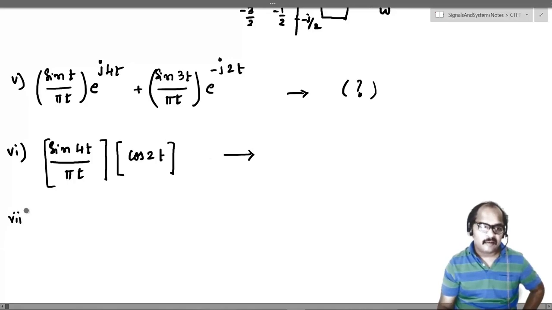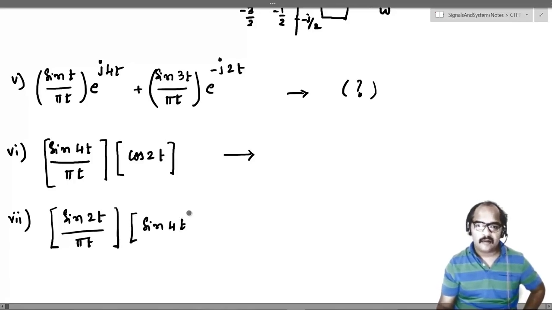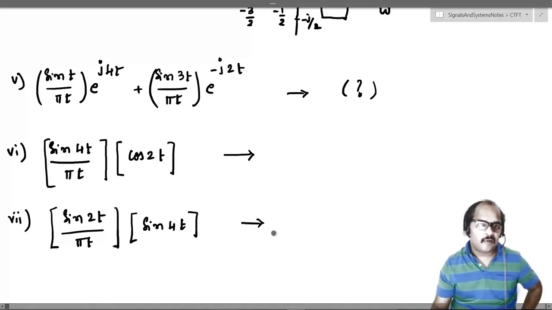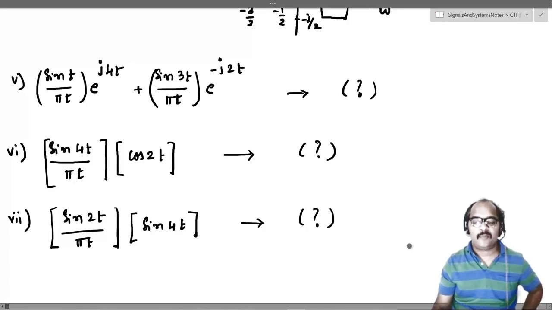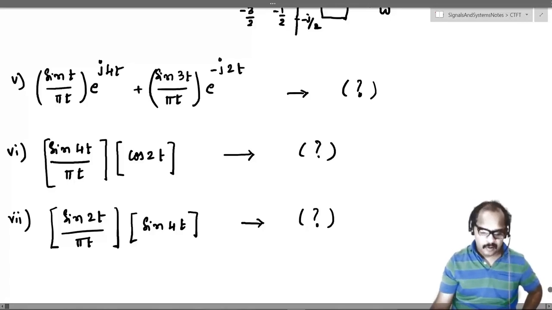Similarly, the seventh one: sin 2t divided by pi t multiplied with sin 4t. Note that all these are for practice, so please do the homework. Definitely it should be easy for you. If you solve these problems, the shifting in frequency domain property would be handy for you. So homeworks are important. Solving as many problems as possible is also important.